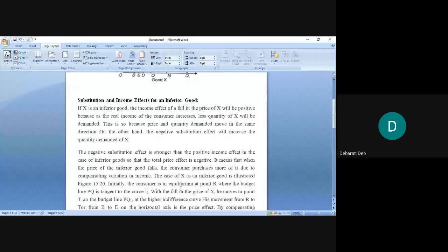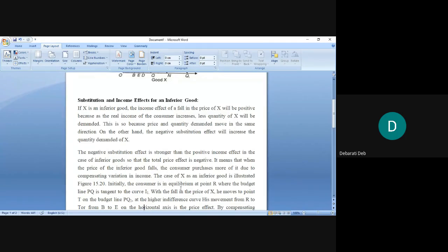It means that when the price of the inferior good falls, the consumer purchases more of it due to compensating variation in income. So ultimately, due to the fall in the price of an inferior good, the consumer will buy more of the quantity, because here the substitution effect will be stronger.